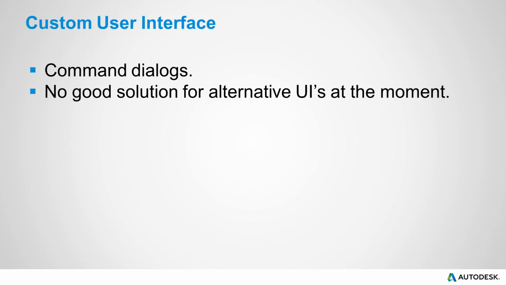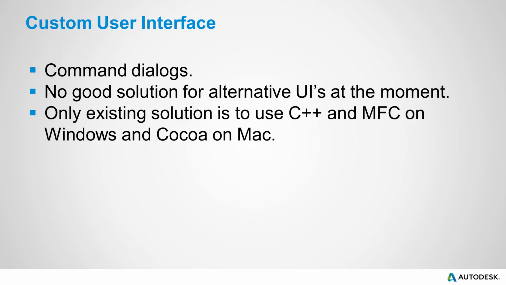We need to come up with something, but if you really require some other dialog, then we'll probably have to wait. The only other solution right now is to use C++ and create a dialog in MFC for Windows, and then write Mac specific code for Mac and use Cocoa to build the dialog there. And nobody really wants to do this.